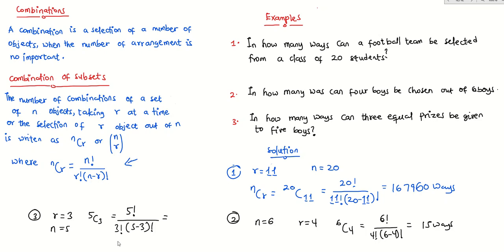That'll give us a value of 10. So you have 10 different ways to give the 3 equal prizes to the 5 boys. Okay, so that's all for this lesson.